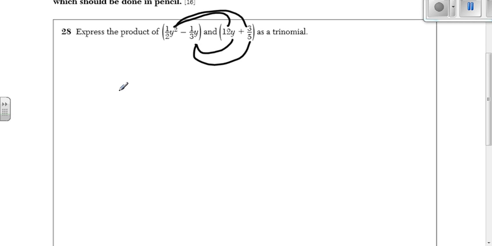And so we end up with 6y to the third plus 3/10 y squared. Next term is going to be minus 4y squared. And the last term is going to be minus 1/3/15 y, or minus 1/5 y.